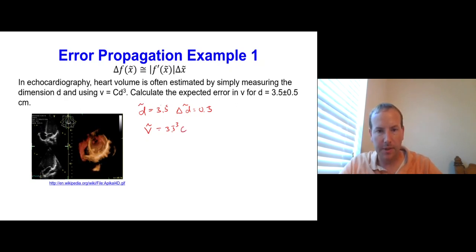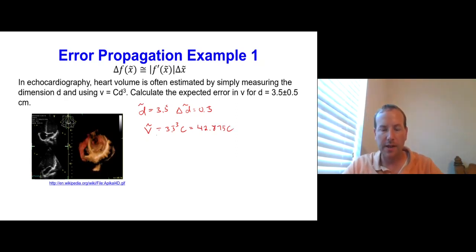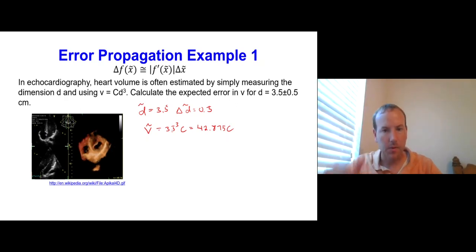So this is just simply using this value of 3.5, which equals 42.875 C. So this is just our central estimate, which is not really using the error propagation yet.